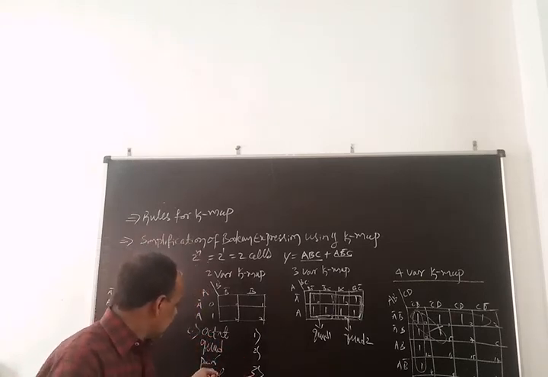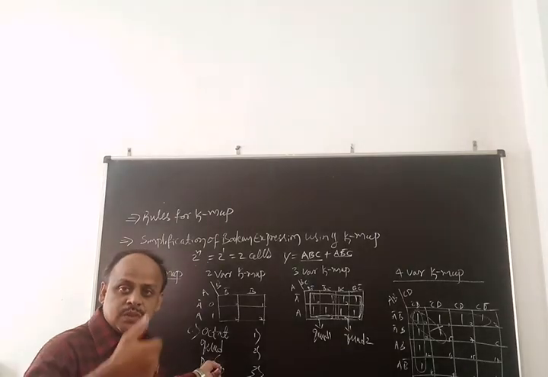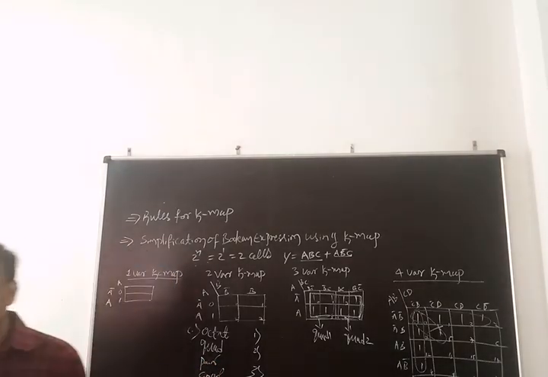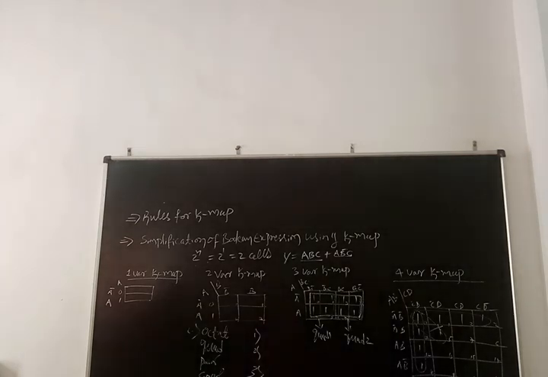If a quad is also not possible, we search for a pair, a collection of 2 ones. If a pair is also not possible, then we give preference to a single one. So we give preference first to octet, quad, afterwards pair, and afterwards single ones.